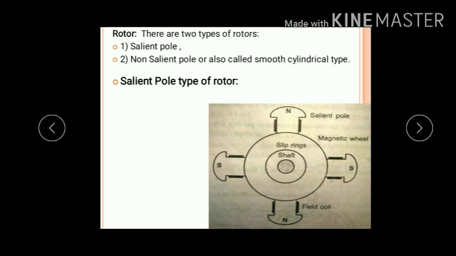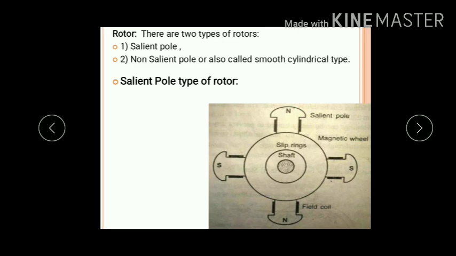It has large projected poles, which are fixed by means of nuts and bolts to the heavy magnetic field. So these are the large projected poles which are fixed to the wheel by means of nuts and bolts. Such a rotor will have a large diameter and short axial length.